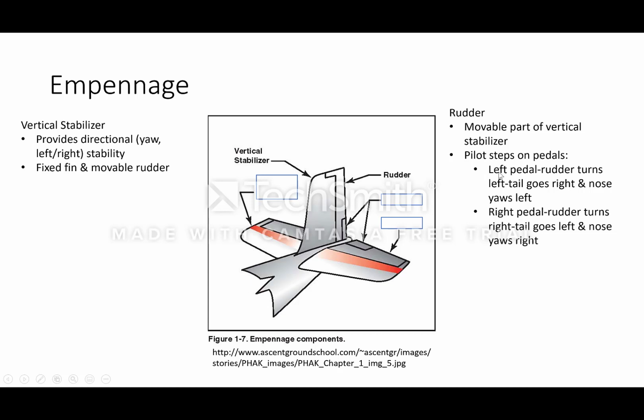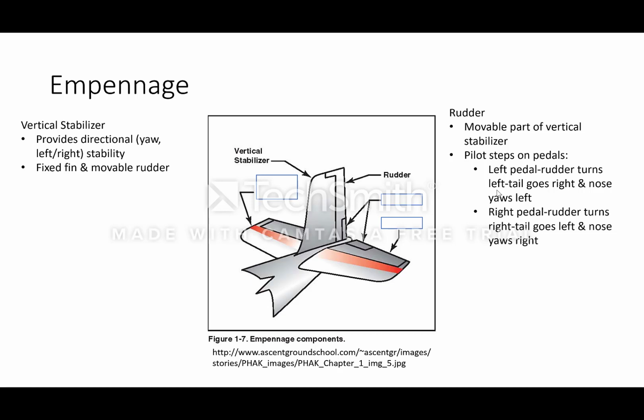So if the pilot steps on the left pedal, the rudder will turn to the left. That causes the tail of the plane to move to the right and the nose of the plane to move to the left. If the pilot steps on the right pedal, the rudder will turn to the right, causing the tail to go to the left and the nose to go to the right, because the plane is one solid piece, right?